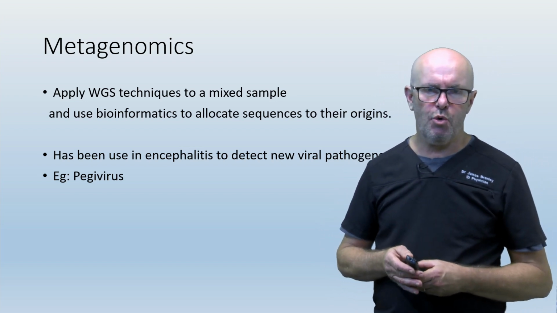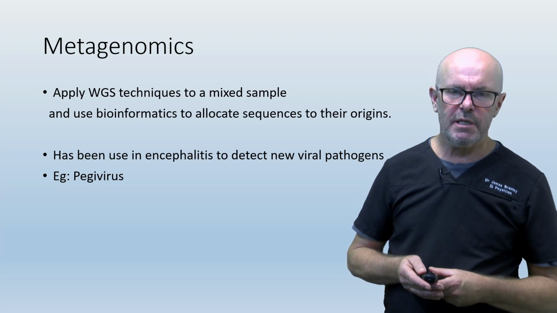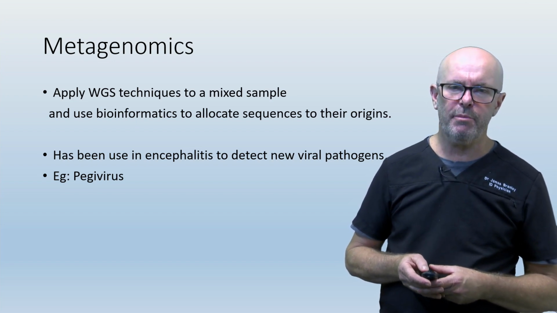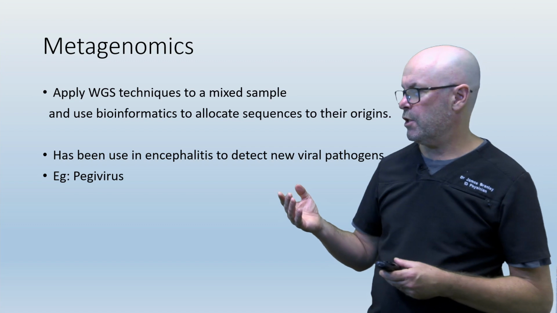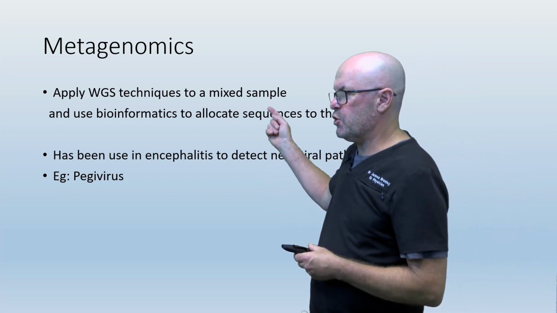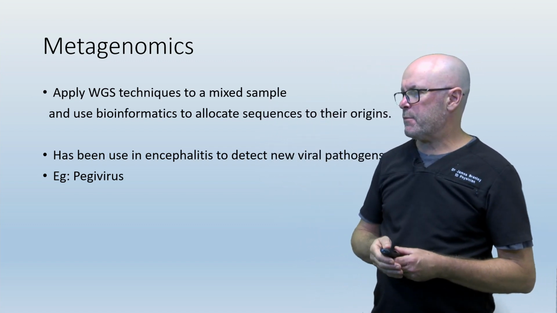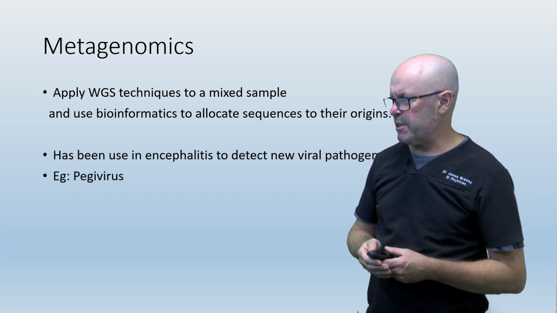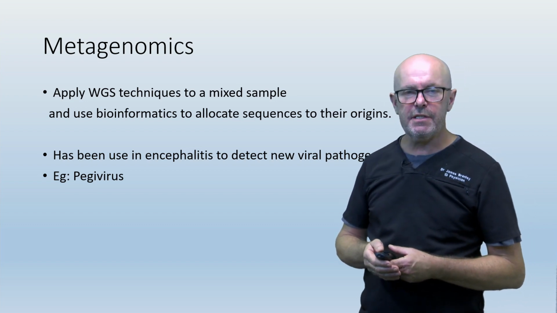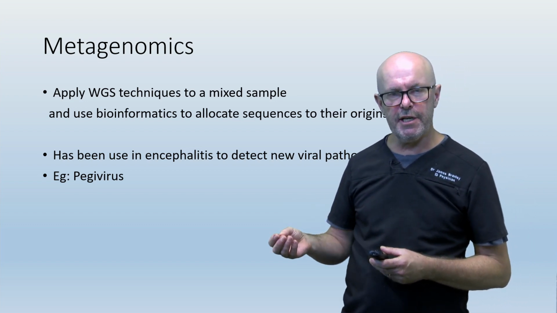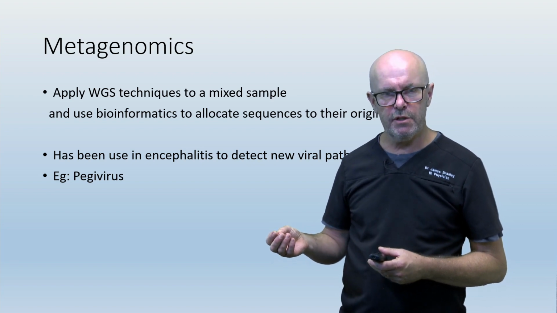Lastly, I want to talk a little bit about metagenomics. Metagenomics enables a specimen to be analysed to look at everything that's present in that specimen. And this enables the detection of novel pathogens.